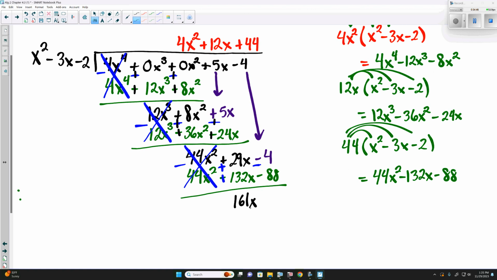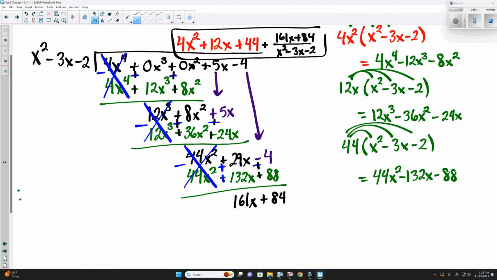Should give us 161. Negative 4 minus negative 88: the negative and negative would make a plus, giving us plus 84. And we would add this to the end, giving us this here as our answer.